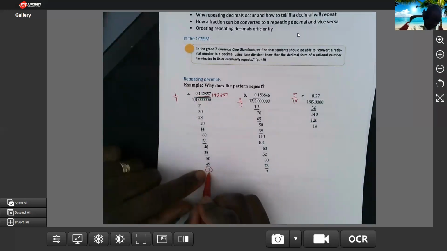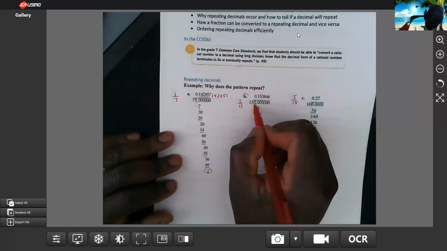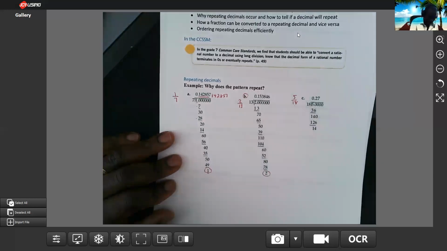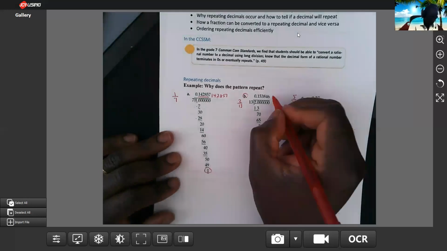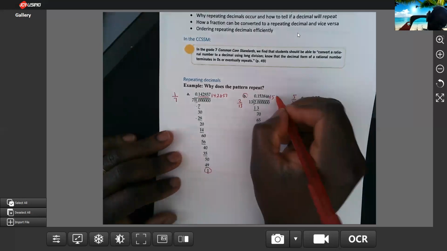Okay. Similarly in B, we started off with a dividend of 2. And then at the end, we get the remainder 2. Once you get 2, then this pattern is going to repeat. The next will be 1, 5, 3, 8, 4, 6.